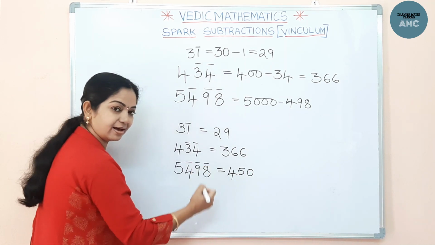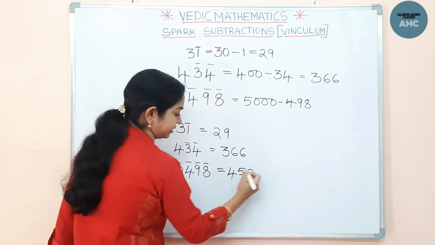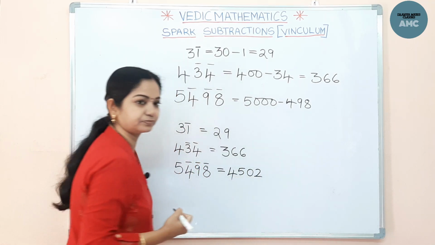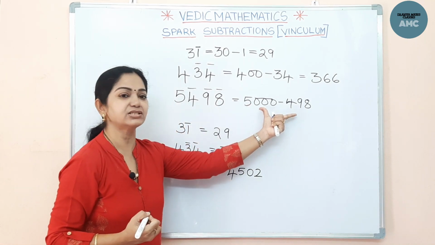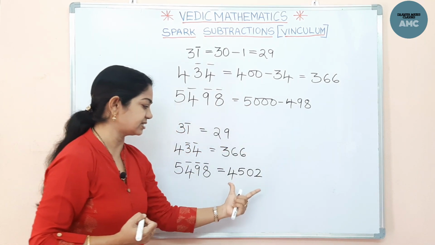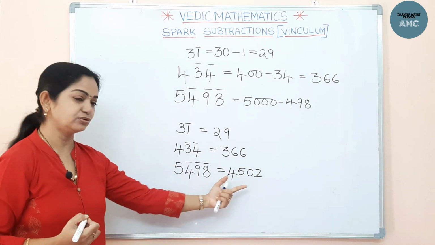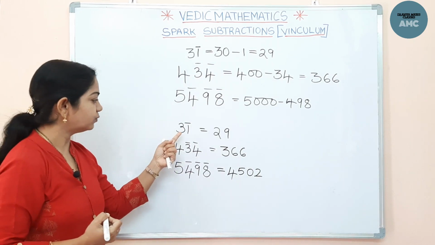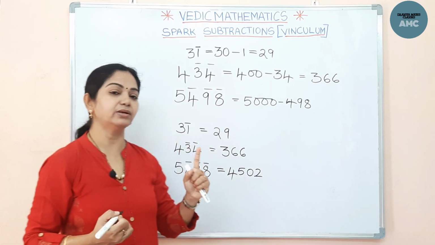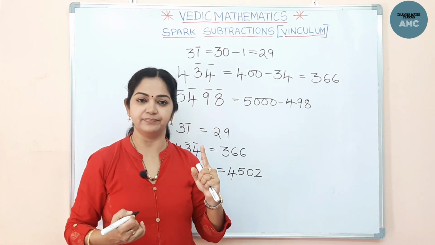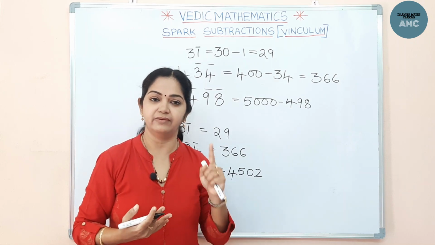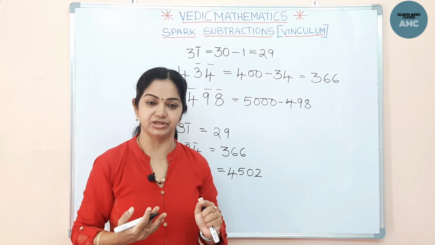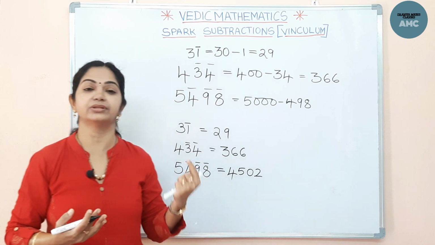From 10, the last is 10. From 10, subtract 8, it comes to 2. Okay, so the answer for this, we were feeling tedious to do here. The answer for this is 4502 here. Now, what I did here, when the vinculum is on one number, whether it is a 5-digit number or a 3-digit number or any digit number, if the vinculum is on only one digit, then just go for the complement.